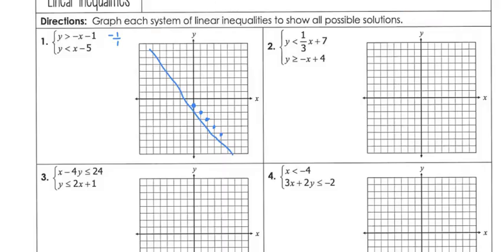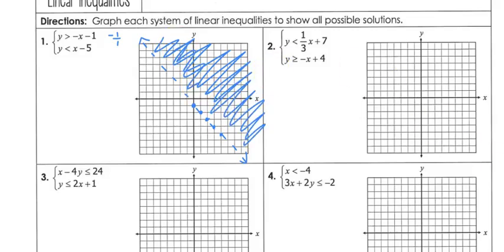That was awful. Let me try again. All right, and then y is greater than that. Whoops, that needs to be a dotted line because it's just greater than, no "or equal to." And then because it's greater than, I'm going to shade above the line.